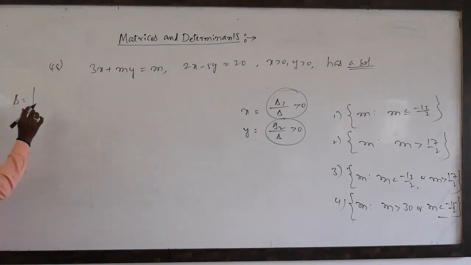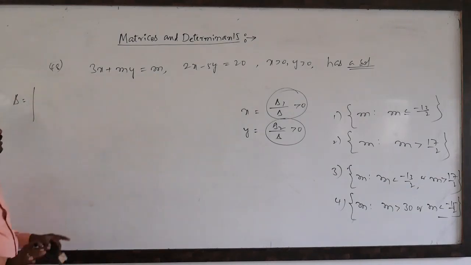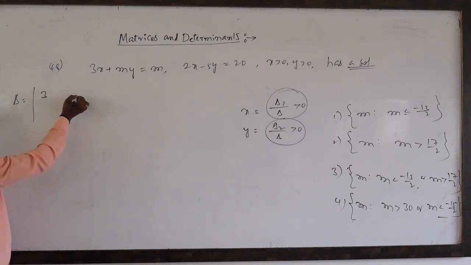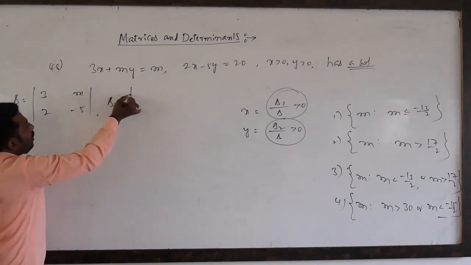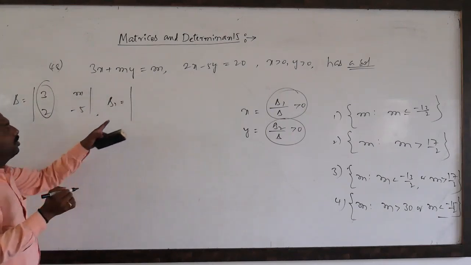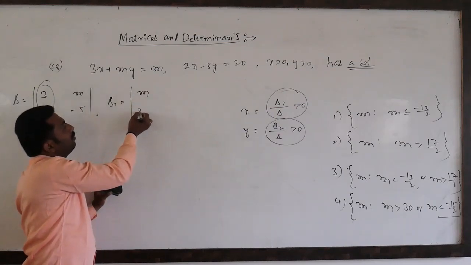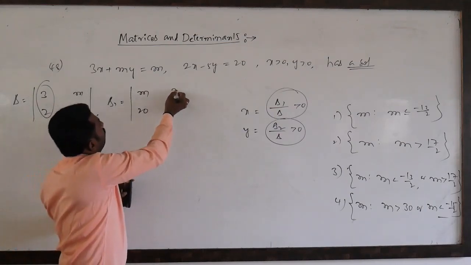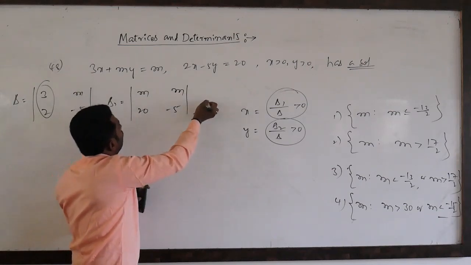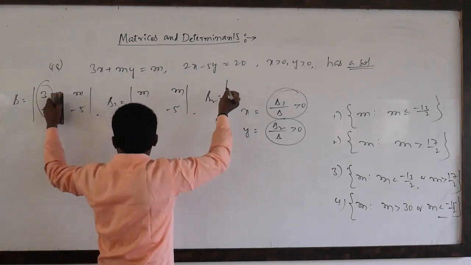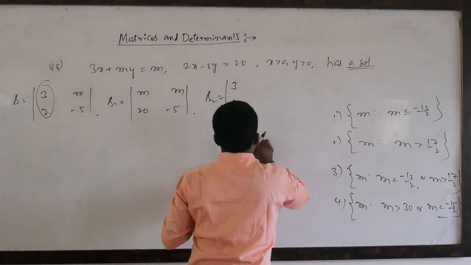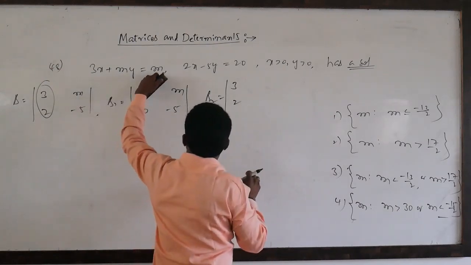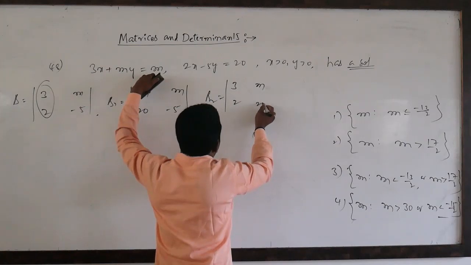Delta means the coefficient matrix determinant. The x coefficient in the first equation is 3, the y coefficient is m; second equation 2, -5. Delta 1 means the first column elements are replaced by the constants m, 20, with no change in the second column m, -5. Delta 2 means the first column stays 3, 2 and the second column is replaced by the constants m, 20.